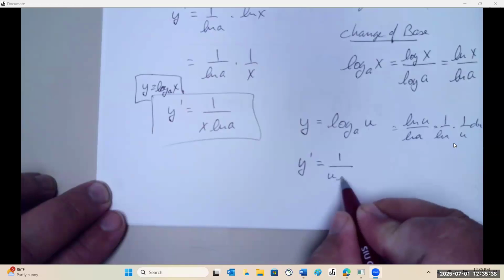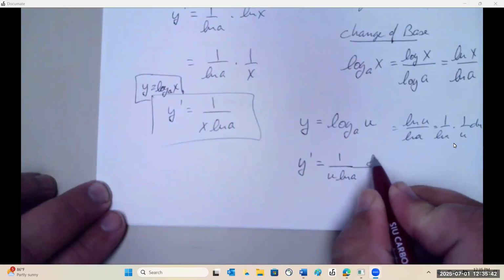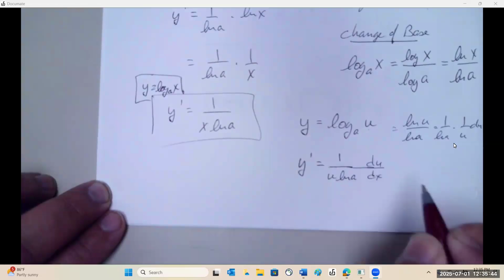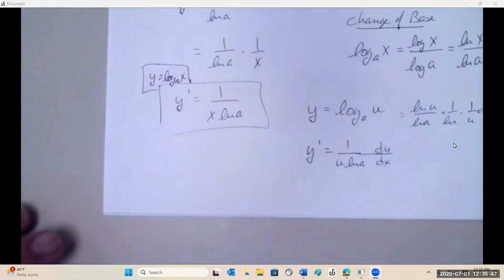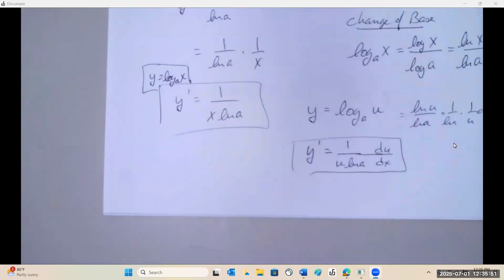So it's 1 over u ln a, du/dx. But it's the same concept. Any questions so far?